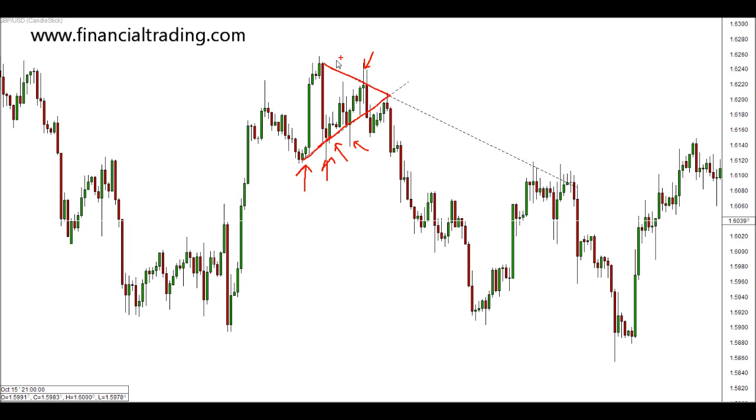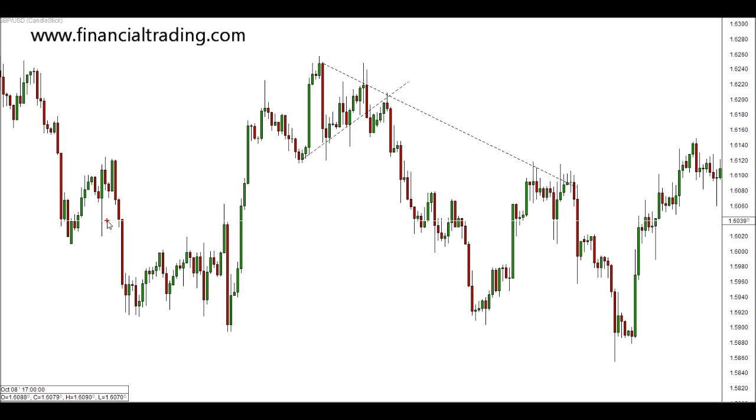Eventually this area becomes so tight that price will break out, and that's our signal to then trade this pattern. You'll see that price breaks out at the bottom here and then goes on the downside. If price broke out the resistance at the top here, then price is likely to go on the upside.